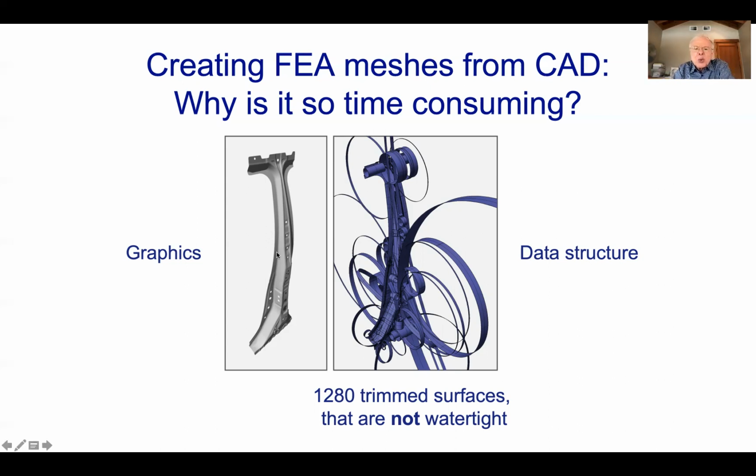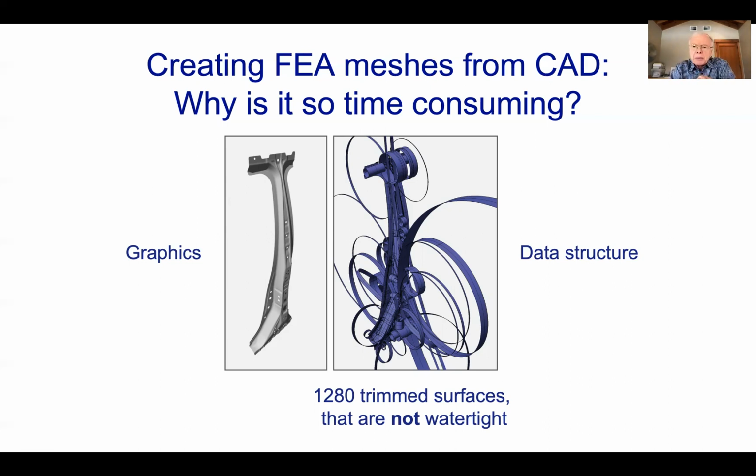And you can see for this one piece here, there were 1,280 mappings of these rectangular patches. So you have 1,280 trim surfaces where you have a cut through each one. And along those trim lines, they're not watertight. They're not linked, okay? They have gaps and overlaps.